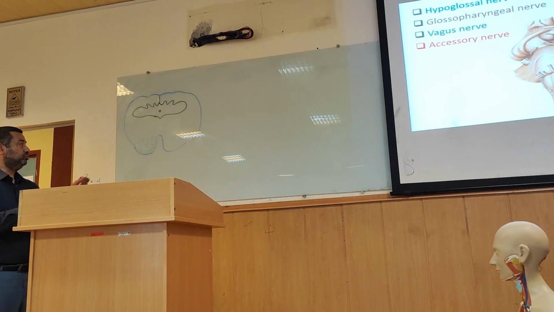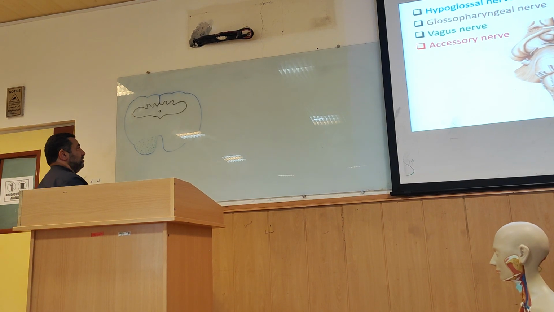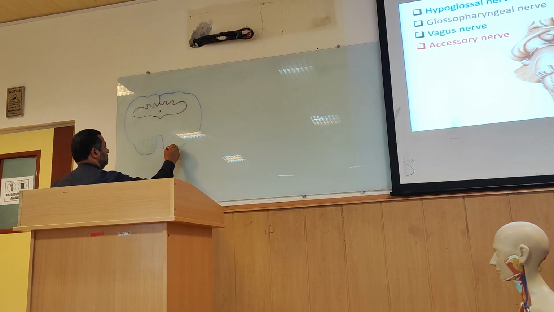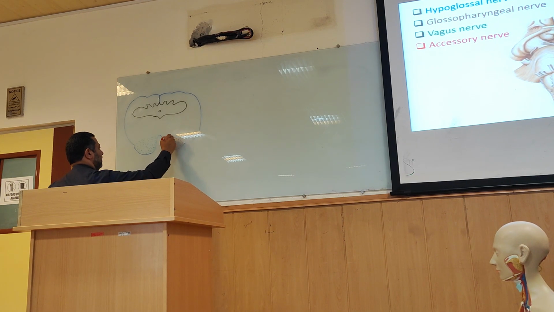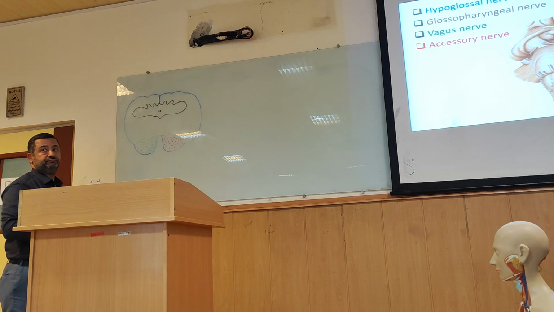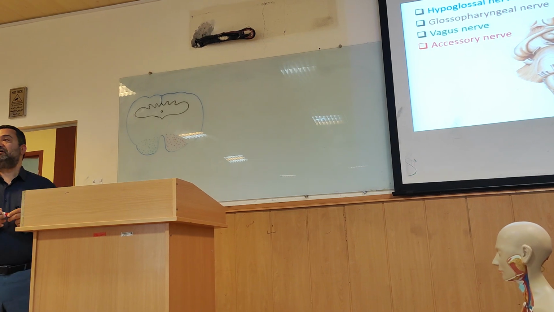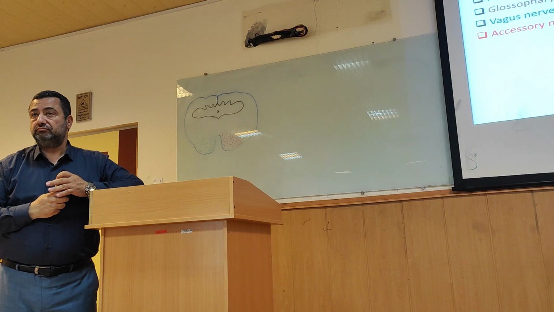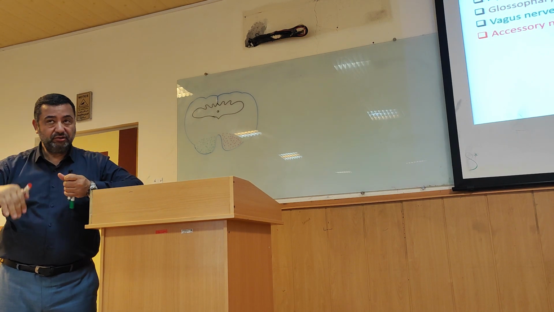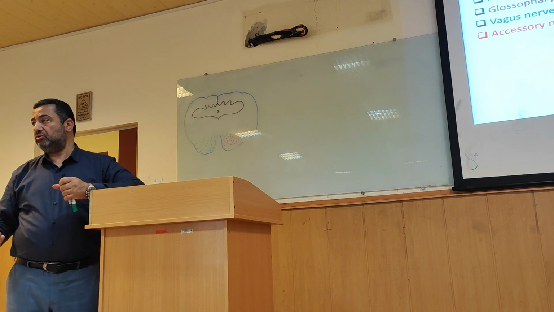These are corticospinal tract fibers on the right side, and these are corticospinal tract fibers on the left side. Is it clear? Yes. Corticospinal tract is sensory or motor? Motor. From the cortex it descends to the spinal cord.